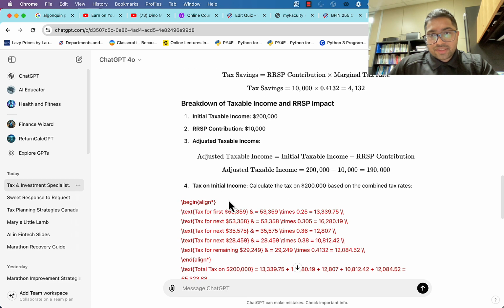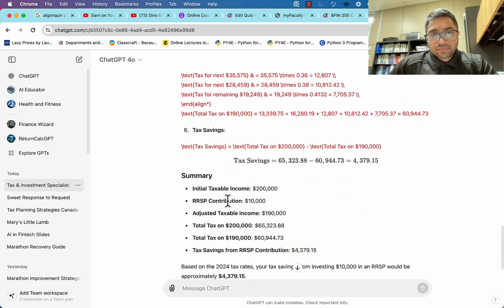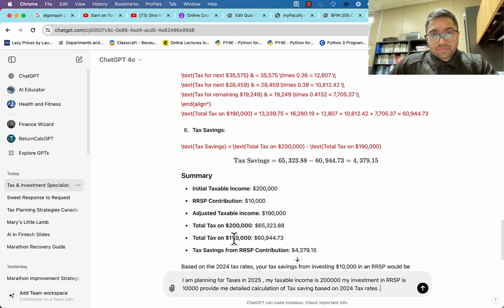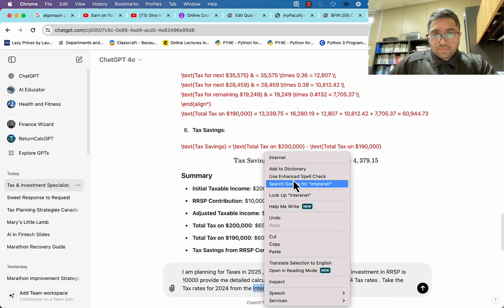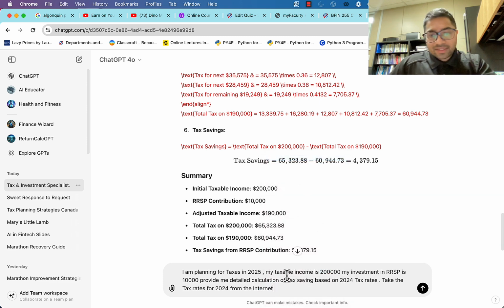So I'm going to copy paste it and put it here and say take the tax rates for 2024 from the internet. Okay, I'm putting in one more information point, that do not assume anything, take the actual rates from the internet.